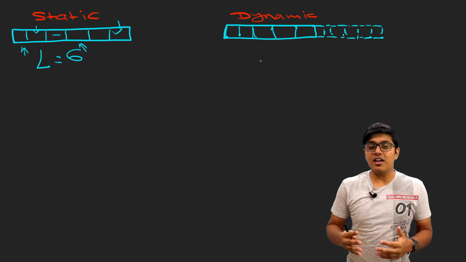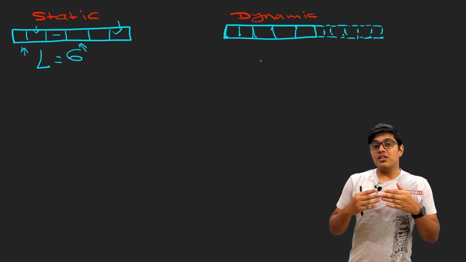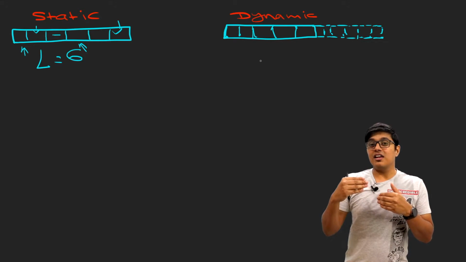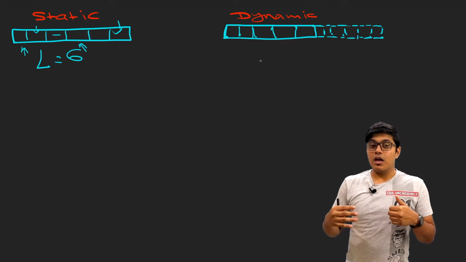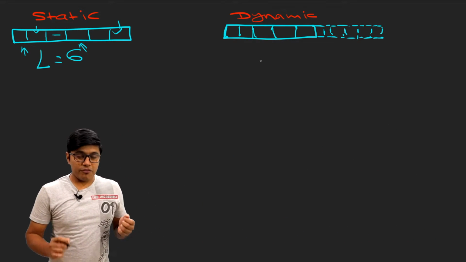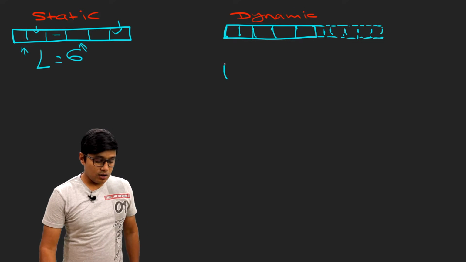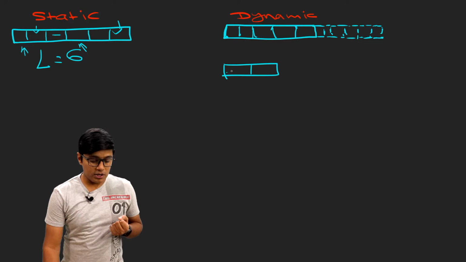So a dynamic array, you can say, is a static array which will dynamically increase its length according to the data coming. Okay, so suppose initially you have a static array of length 2. You inserted 1 here.